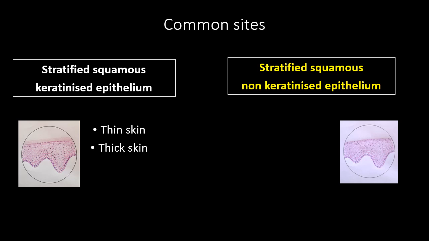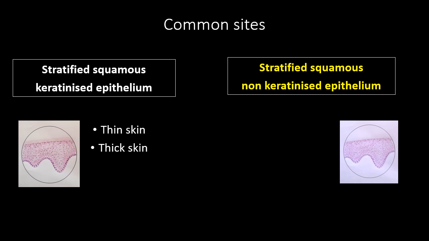If you take your face, what are the moist areas on your face which are exposed to the outside world? One is the oral cavity, and a major structure present in the oral cavity is the tongue. So the epithelium of the tongue is stratified squamous non-keratinized epithelium.